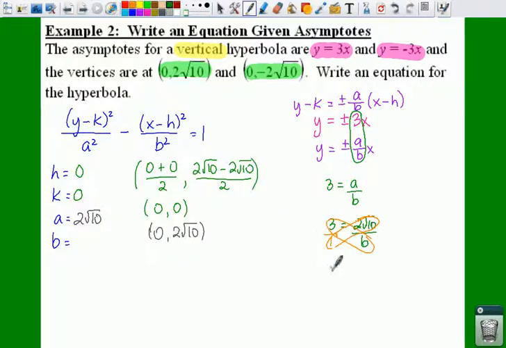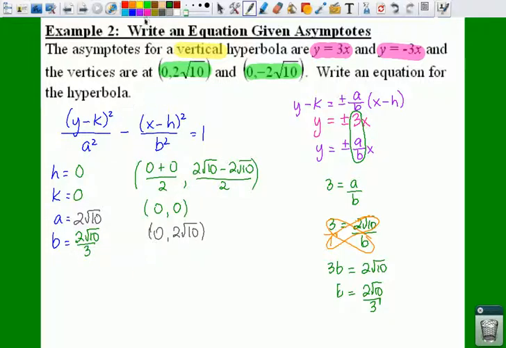We can say 3b is equal to 2 radical 10, and you divide by 3, so b is equal to 2 radical 10 over 3. So there we have all of our values.